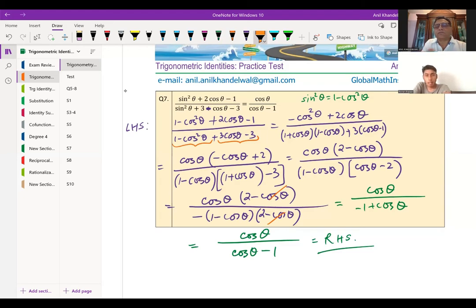You wanted cos theta minus 1 in the denominator, right? It was a good idea to factor out at this stage cos theta minus 1 rather than 1 minus cos theta.